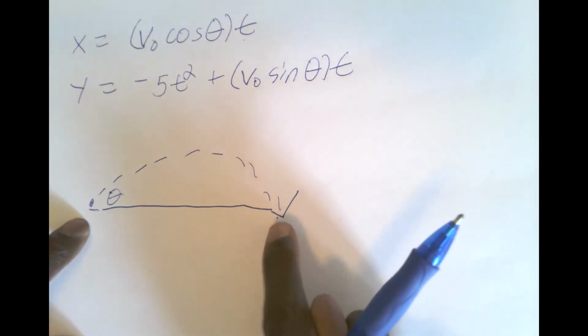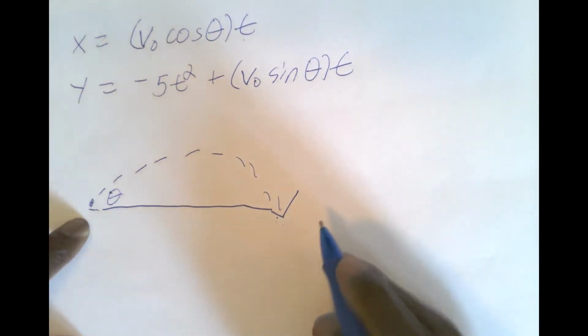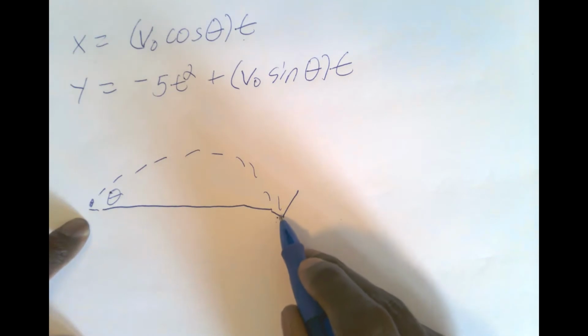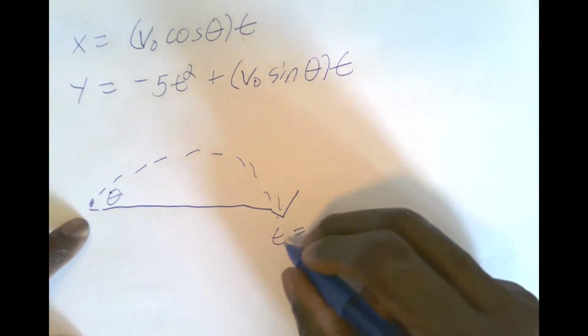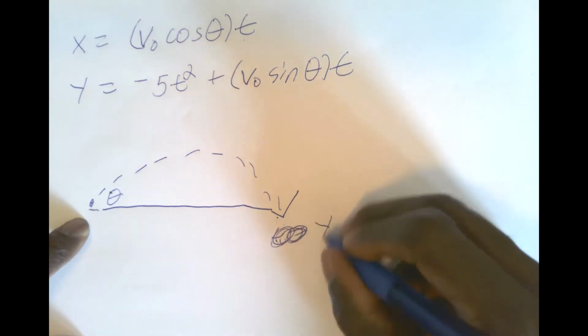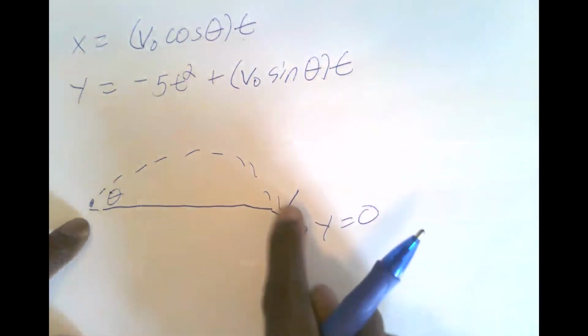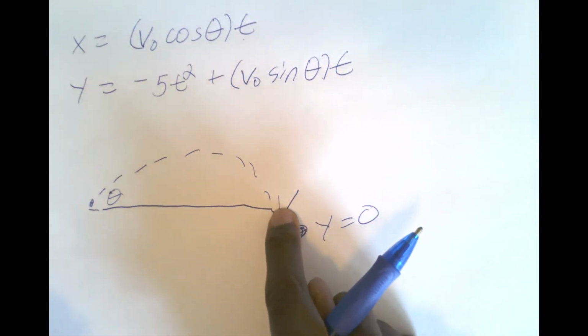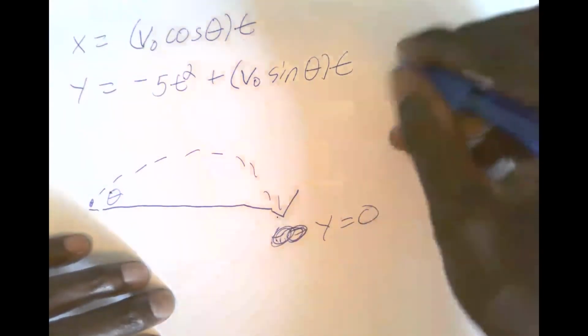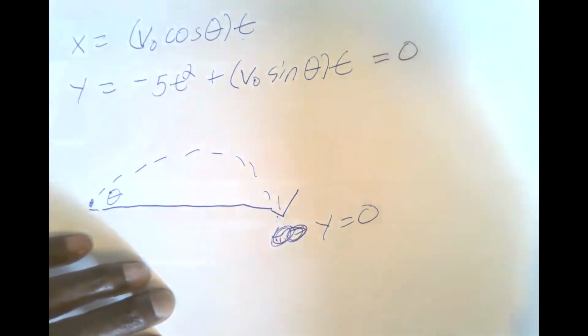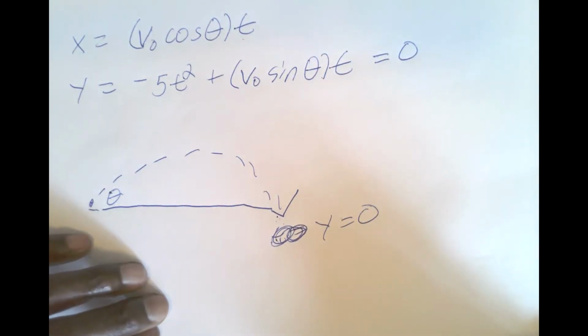So it makes sense to utilize that value for t. When it hits the ground over here, y is 0, meaning its vertical position is 0. So if I simply take my vertical position function and set it equal to 0 and solve for t, that seems like the right move to make.